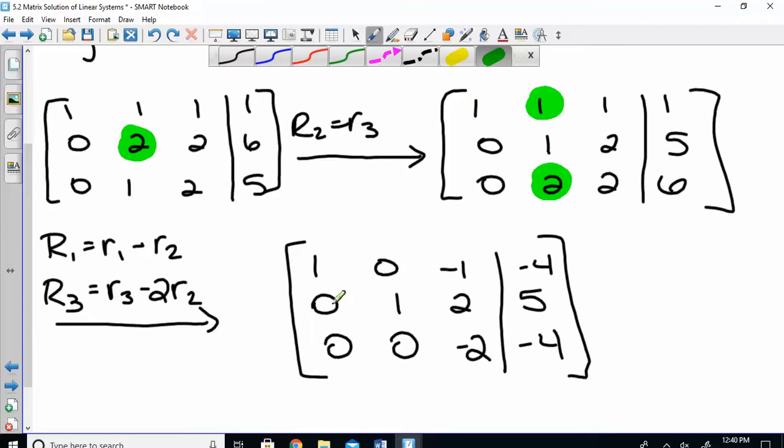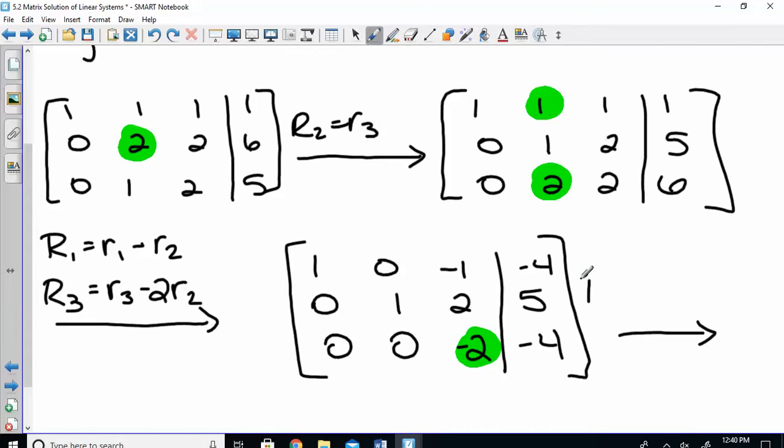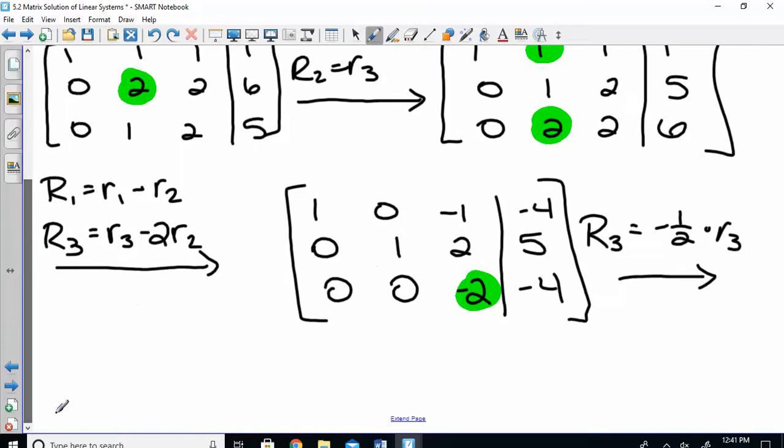Now we have to go row 3, column 3. And I need that to be 1. What's the easiest way to get that to be a 1? Multiply by the reciprocal. So I'm going to take negative 1/2 times everything in that row.